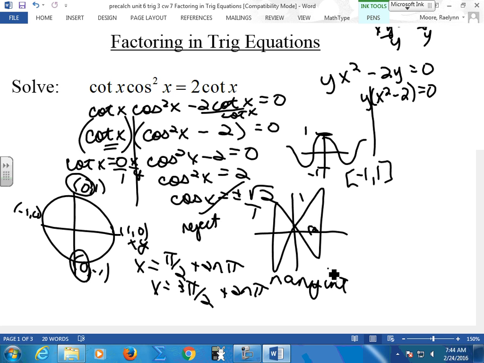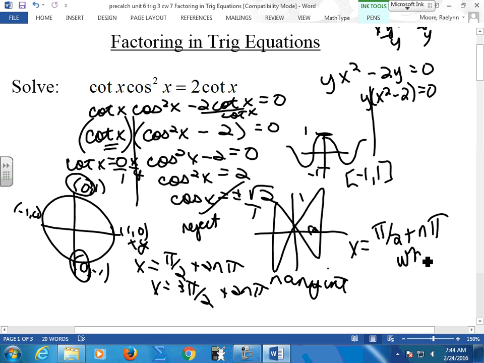In this case, how could I do it then? X equals, can it just be pi over 2 plus n pi? Good. Very good. So you could just put that, right? Well, are they 180 degrees apart? Yeah. Good. I didn't know if anybody would pick that up.